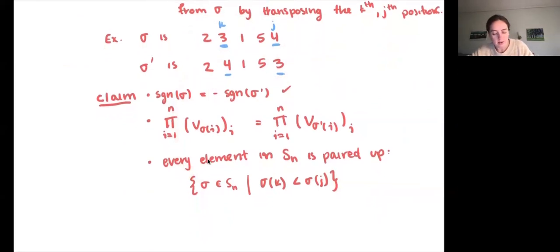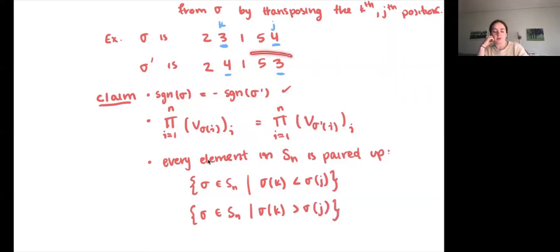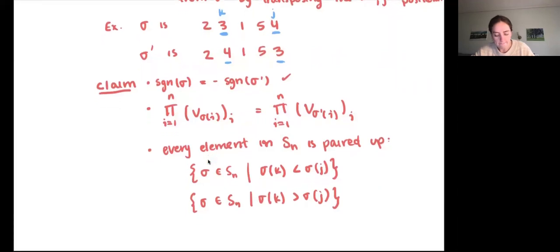And then we can also look at the set of permutations in Sn such that sigma of K is greater than sigma of J. So in this example, sigma prime would be in this set, and sigma is not in that set. Let's call this M and this one M prime.